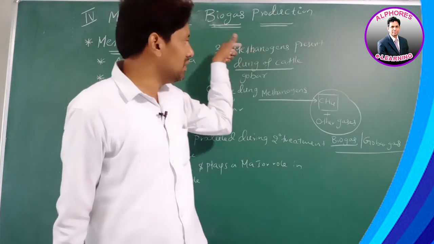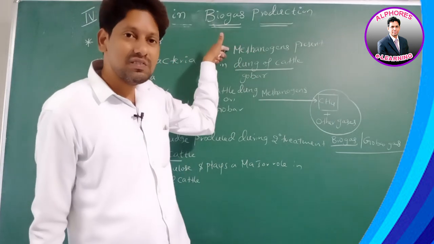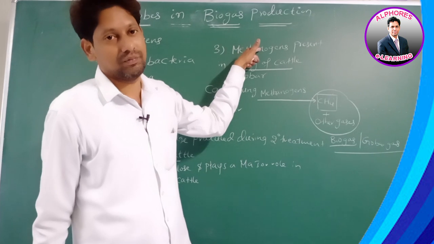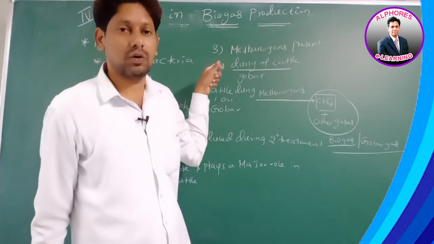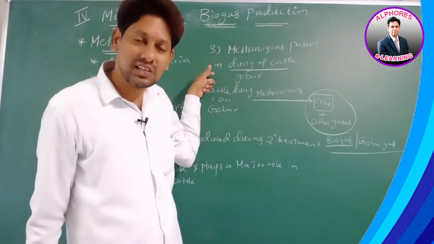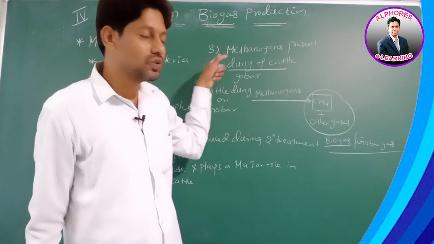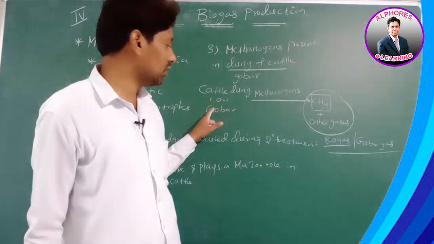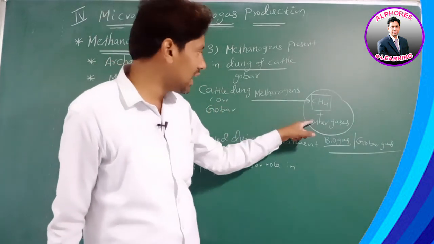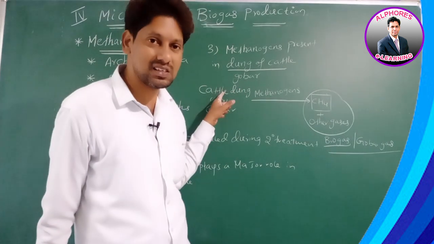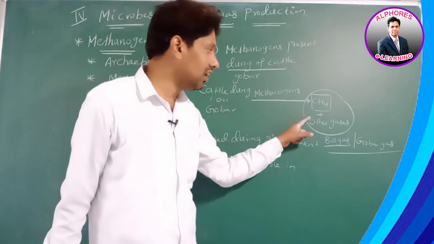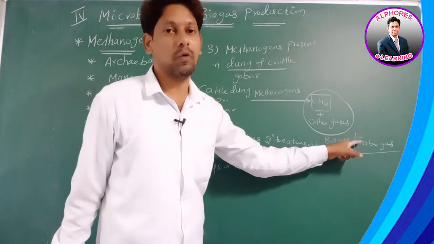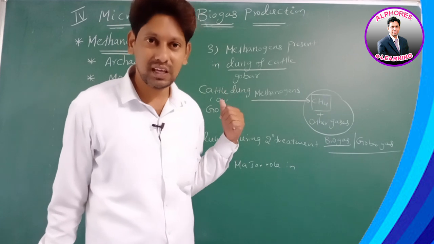Number three, methanogens are present even in the dung of cattle, nothing but cattle dung or gobar. These methanogens produce biogas from this cattle dung or gobar. As this biogas is produced from cattle dung or gobar, we are calling this biogas gobar gas. Is this statement okay? Right?